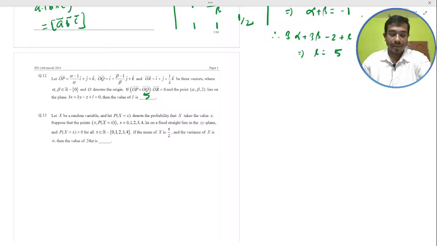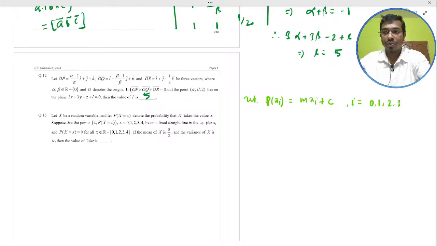Using probability and statistics, a class 11 and 12 mixture question. So let P(xi) = m·xi + c, where i = 0, 1, 2, 3, 4. So the summation for i = 0 to 4 of P(xi) total is 1.